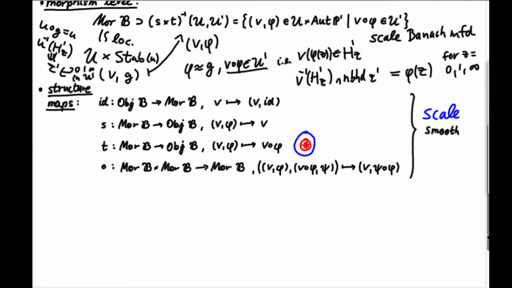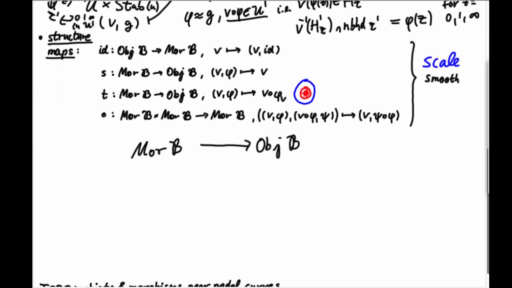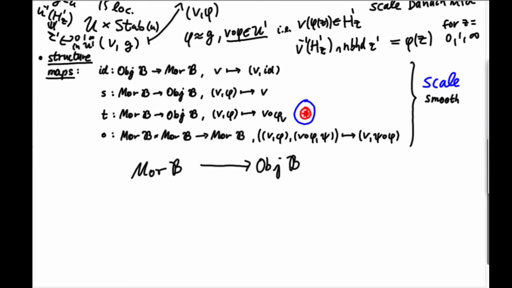So I did that because I now want to actually prove that this here is scale smooth. And for that purpose, I need to somehow understand how this phi depends on v. So I need to write my transition map here, ideally, my target map, as some composition of scale smooth maps. So, let's see.